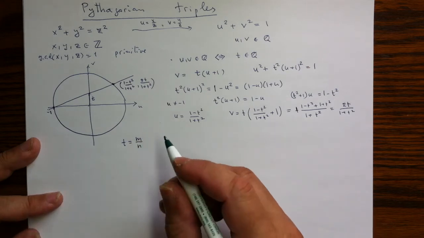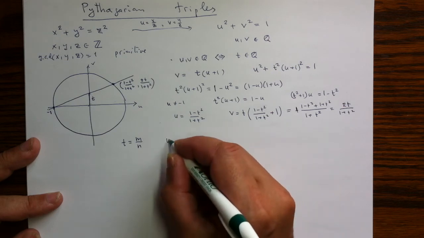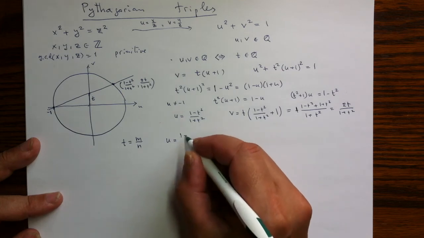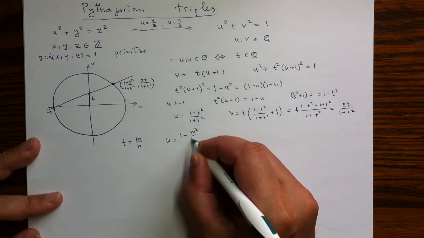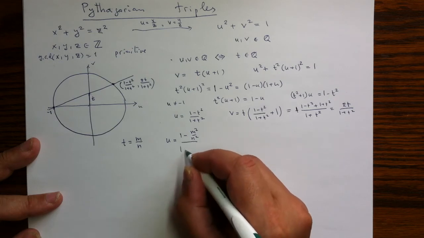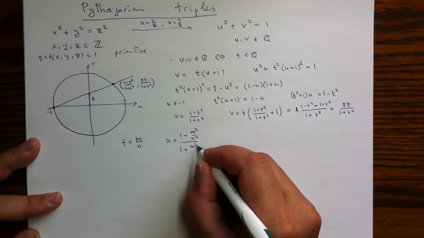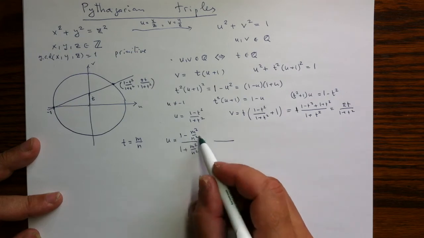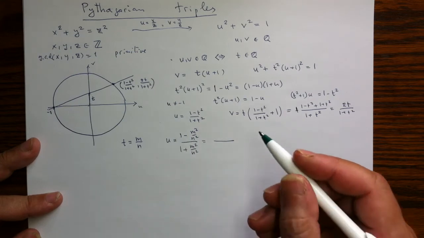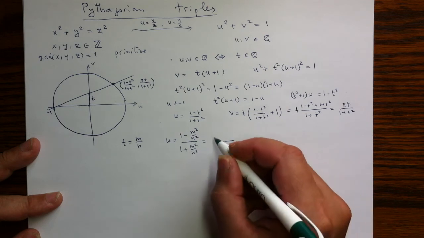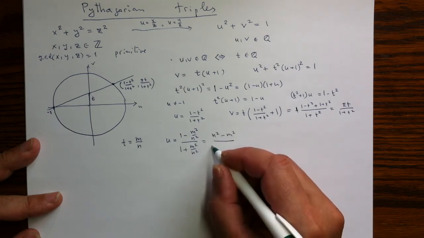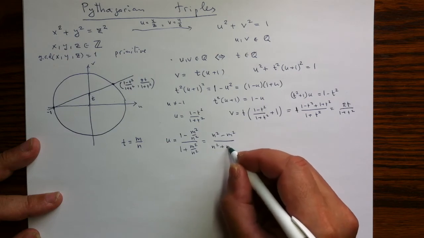And then compute u and v in terms of these integers. So u is 1 minus the square over 1 plus the square. And so making common denominator and squared, upstairs and downstairs we will have n squared minus m squared over n squared plus m squared.